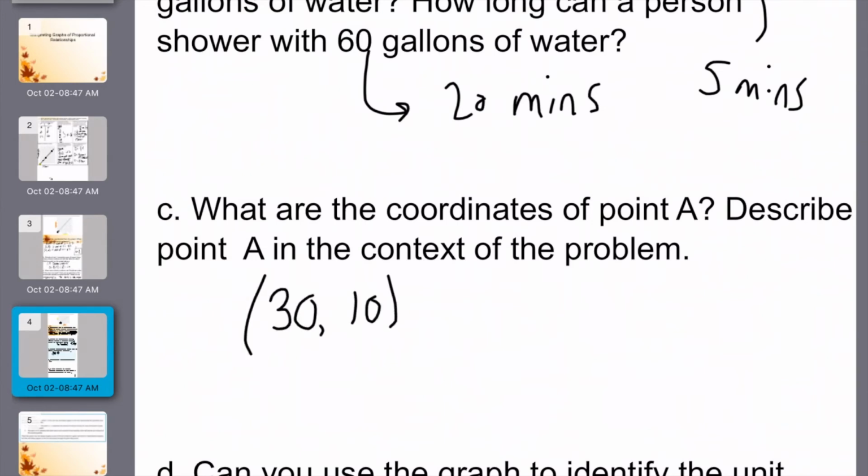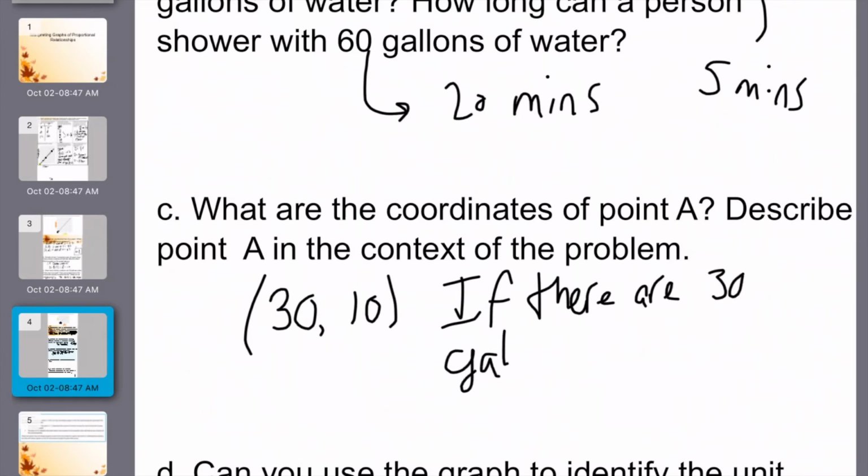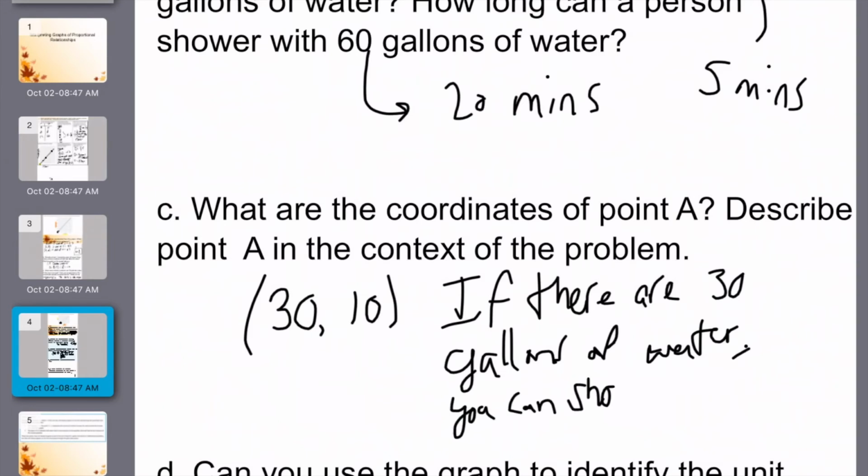If there are 30 gallons of water, you can shower for 10 minutes. The handwriting is especially bad today.